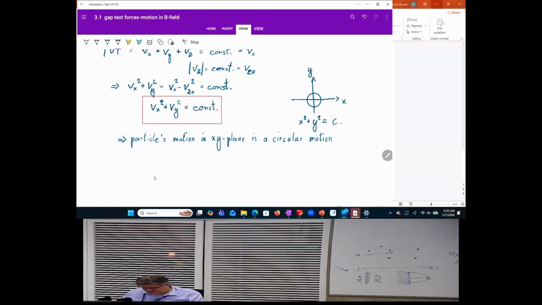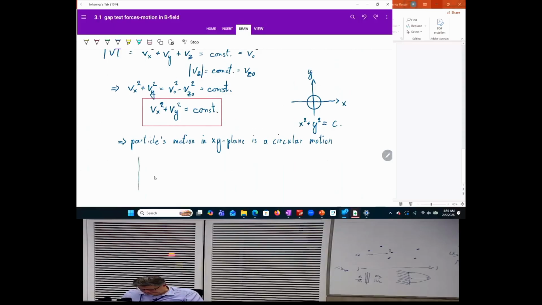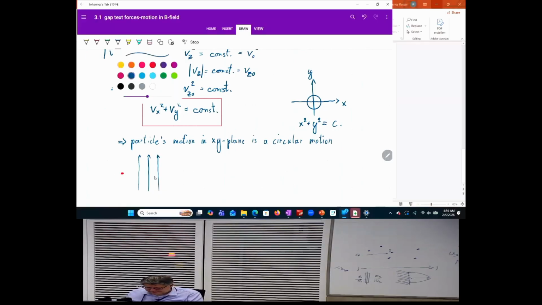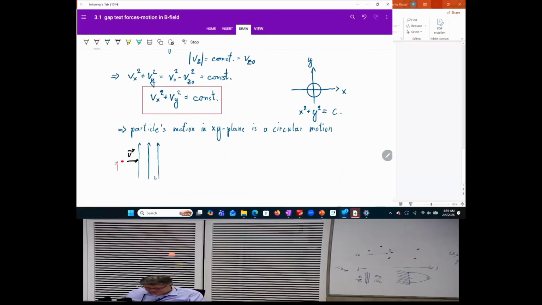Now, if you have here the B field, and you have your charge q, and it comes in at an initial velocity, you know that this initial velocity is basically defined by that perpendicular constant. So this is the overall velocity squared minus the z component squared.